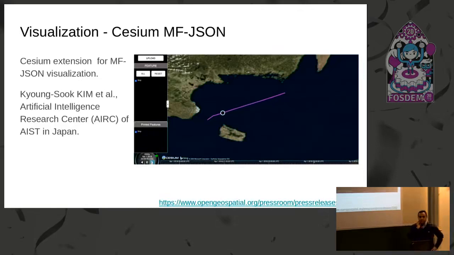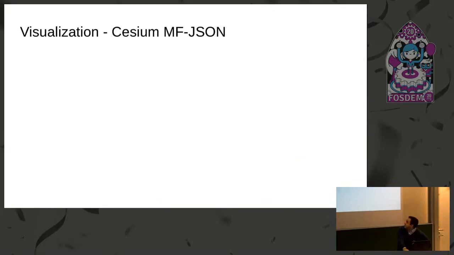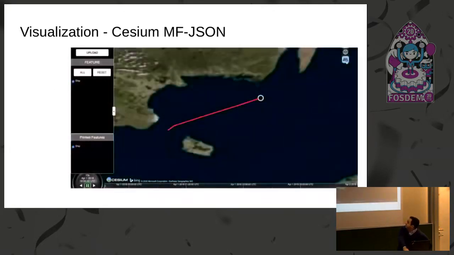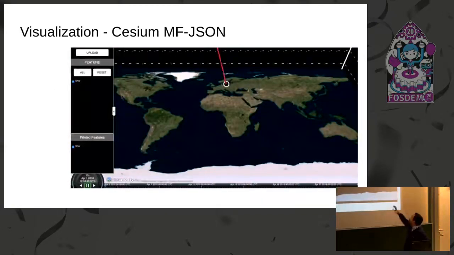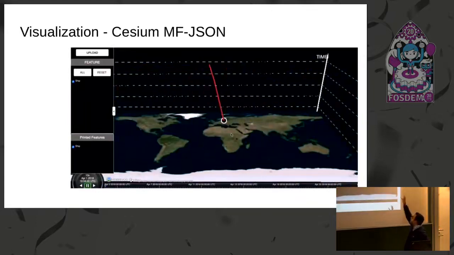OGC is now doing pretty cool stuff, including standards for moving features. This data was exported from MobilityDB as MFJSON, imported in this Cesium extension, and then visualized as moving. This is one of the ships in the AIS example. They even did some 3D, so you can see a space-time cube. This is the same shape, but now as a spatiotemporal movement.